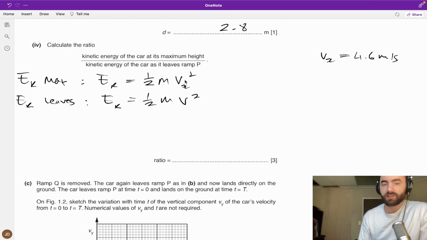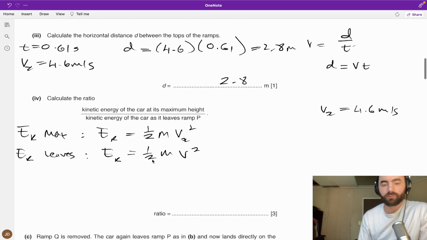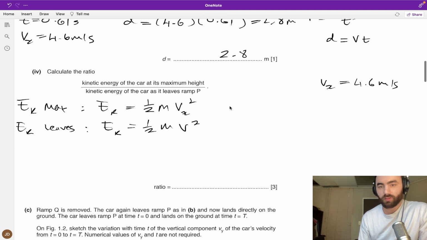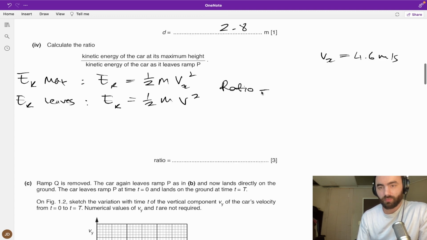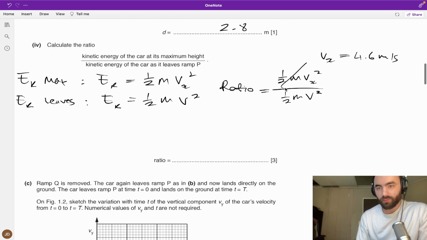They don't give us the mass, but when you find the ratio, the half m cancels, and you're just going to get Vx squared over V squared.